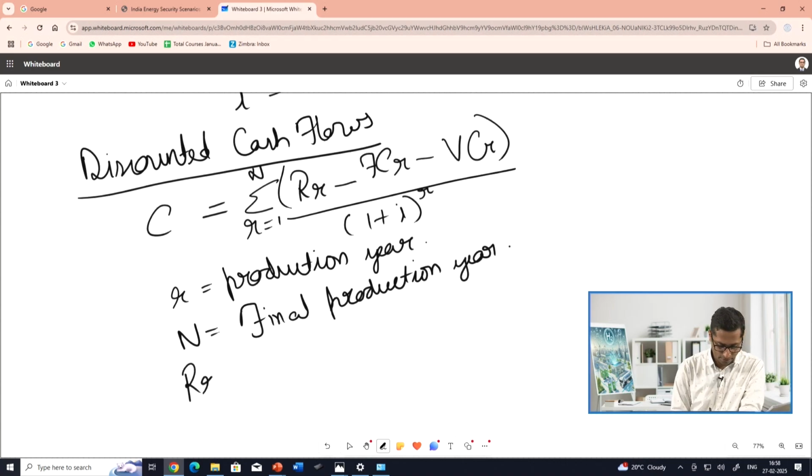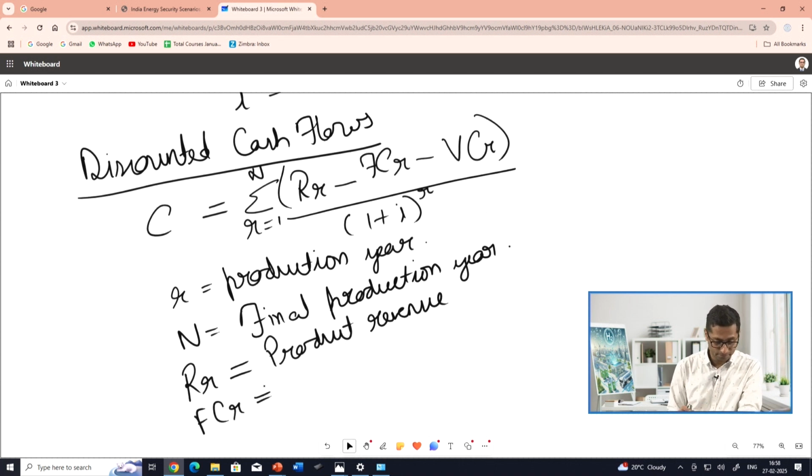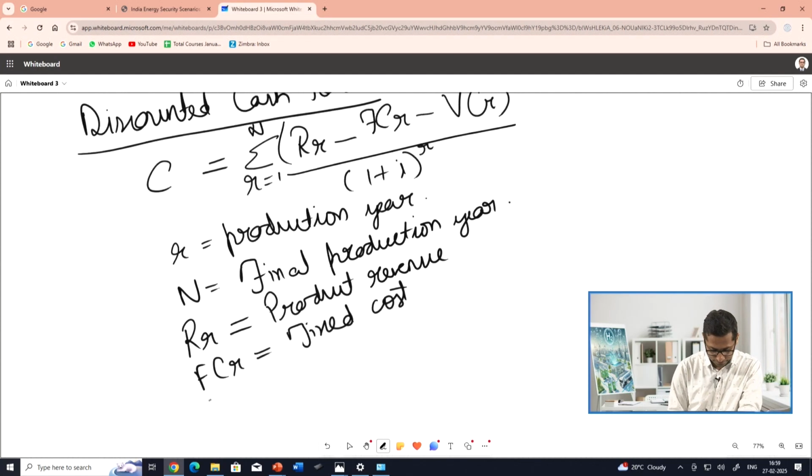Then R is the product revenue in the year R. FCR is the fixed cost, and VCR is going to be the variable cost.